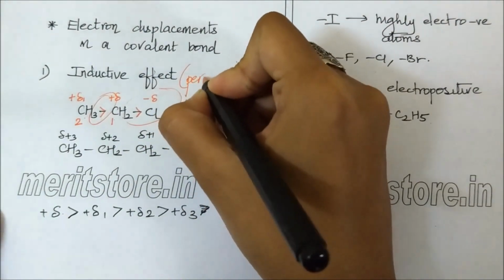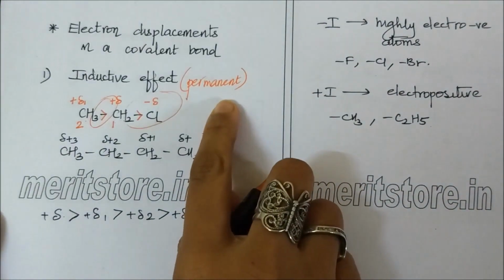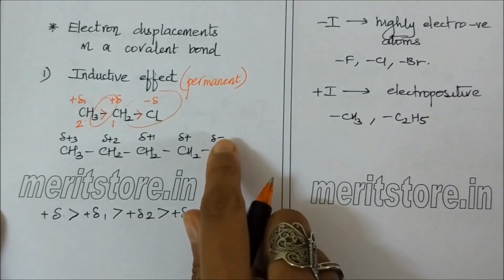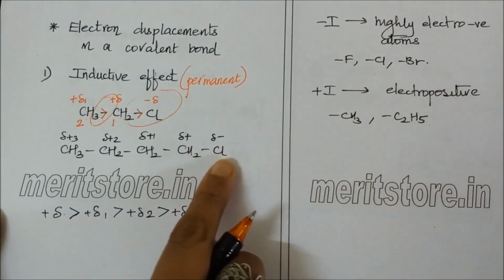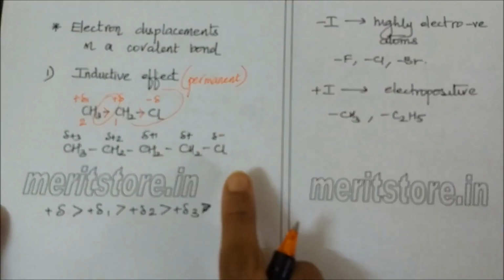Inductive effect is a permanent effect. This effect is passed on to the subsequent bonds but the effect decreases as the chain length increases.